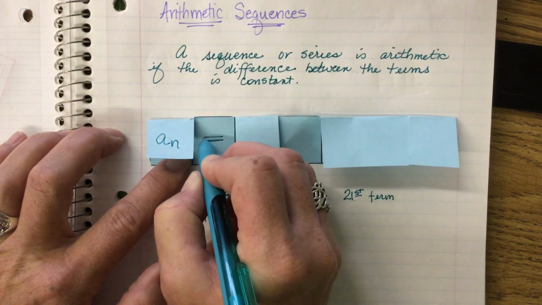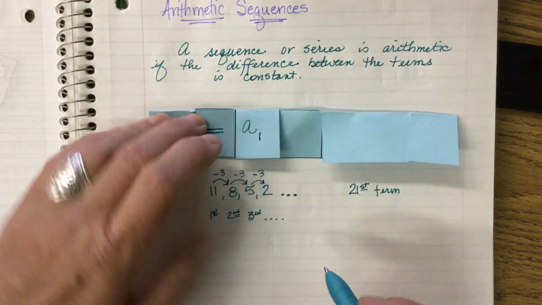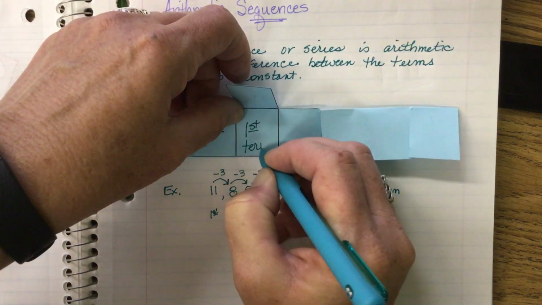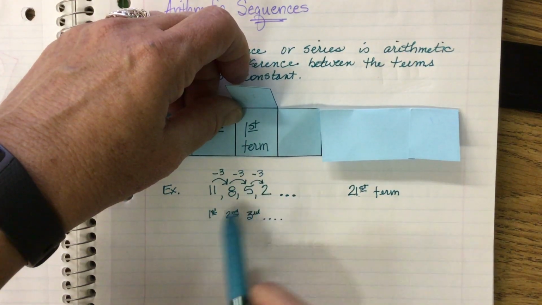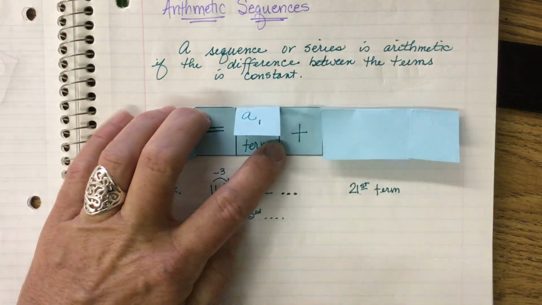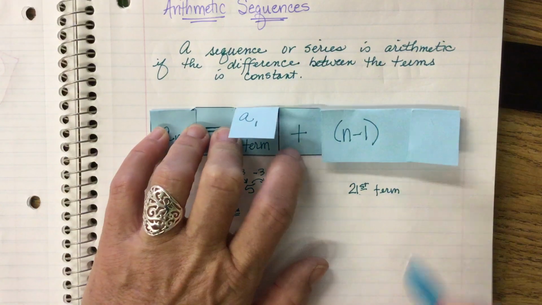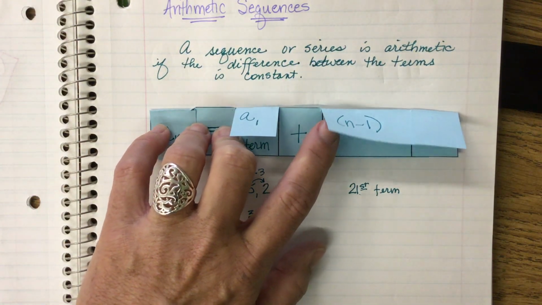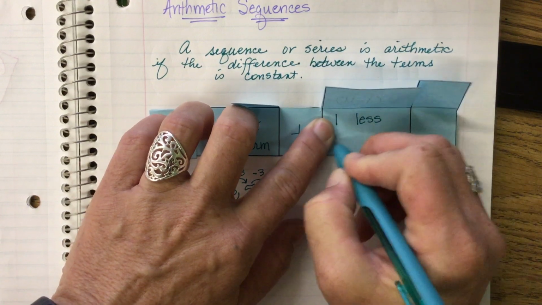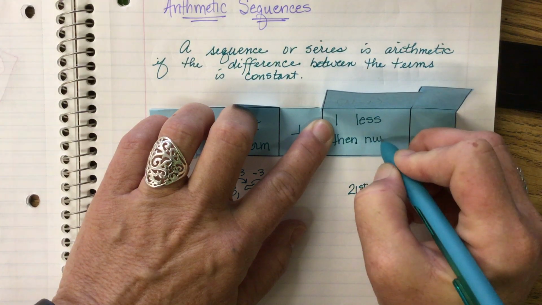It's always equal to a sub 1, which is your first term, and my first term in this sequence is 11, okay? Plus n minus 1, okay? That is 1 less than the number of terms.